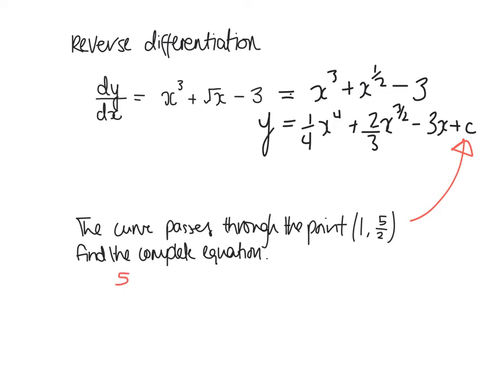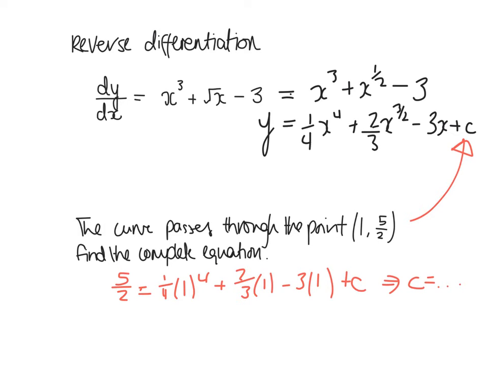So we'd say 5 over 2 equals 1/4 of 1 to the power of 4 plus 2/3 of 1 minus 3 lots of 1 plus c, and rearrange for c. You must then write your equation out in full at the end. That's the final mark. So you've got to make sure that you have done that at the end.